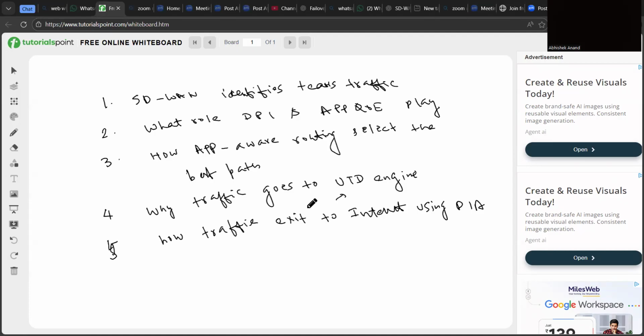First point, again I'm reiterating, is how SD-WAN identifies Teams traffic. Point number two, what role DPI and AppQE play in SD-WAN. How app-aware routing selects the best path. Why traffic goes to the UTD engine. And last, how traffic is routed to DIA and goes to the internet directly, right?